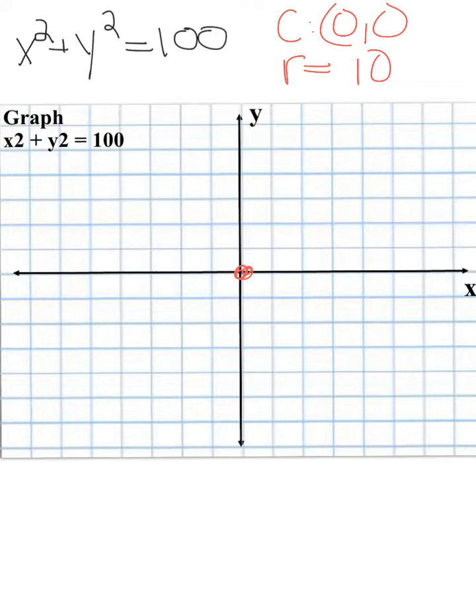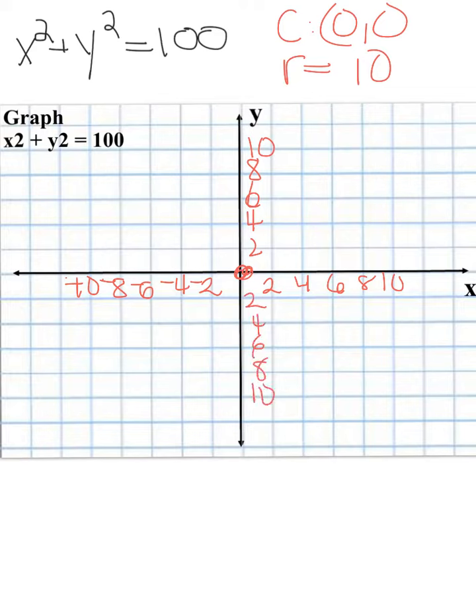I cannot do that at this point, so I'm going to increment by 2's. So 2, 4, 6, 8, 10. 2, 4, 6, 8, 10, and you could always do that as well. And this will work quite nicely.